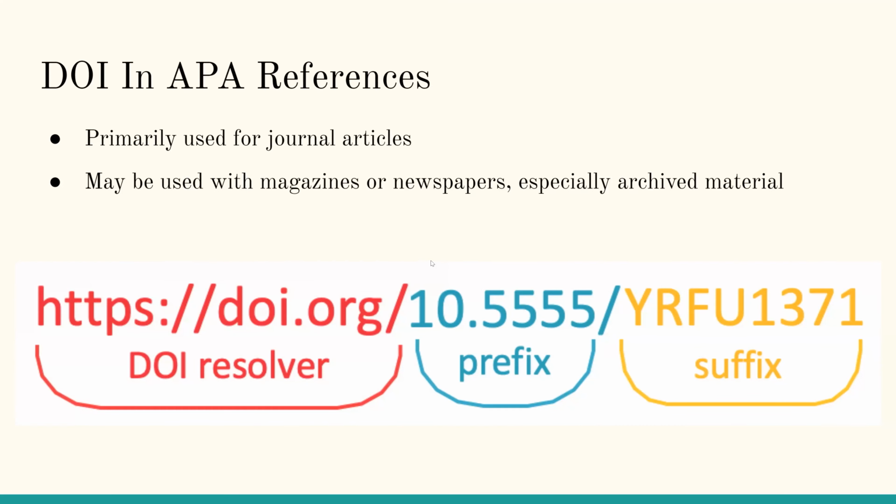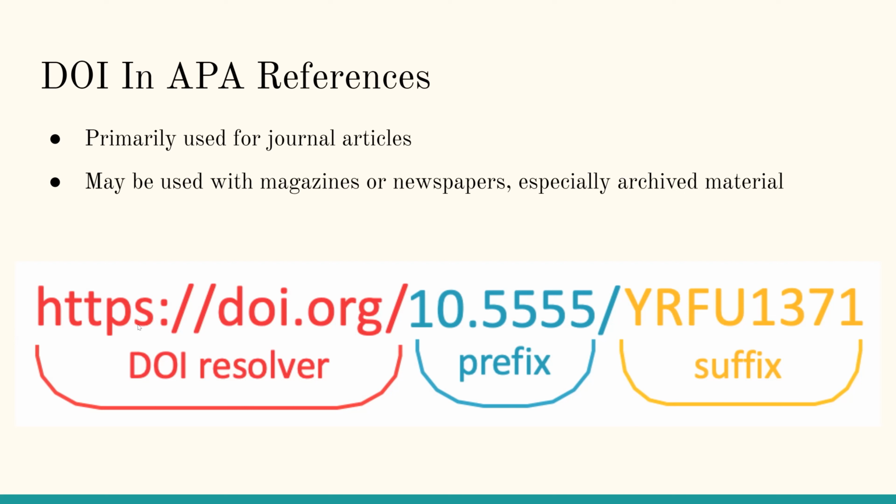And here you can see the basic pieces of a DOI, the DOI resolver, which is right here at the beginning. It looks very similar to what we saw for the URL, but like I said, not the same thing.